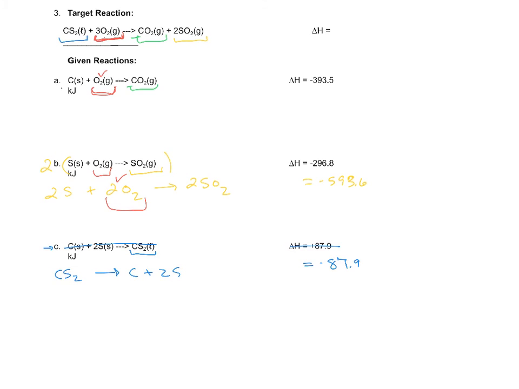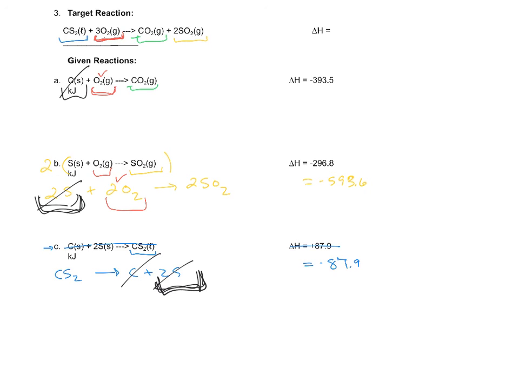In this example, reaction A has carbon, and reaction C has carbon. In reaction B, you have 2 sulfurs, and in reaction C, you have 2 sulfurs, and of course they are on opposite sides. These 2 sulfurs are in the products, and these 2 sulfurs are on the reactant side.